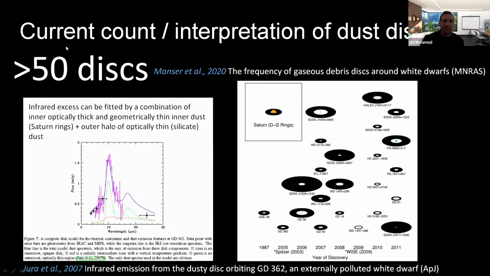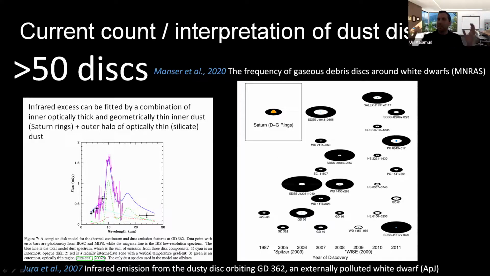Nowadays, the count is approximately 50 disks that have this infrared excess. And again, you can try and fit this empirically with an optically thick, geometrically thin disk. And also there is another component.